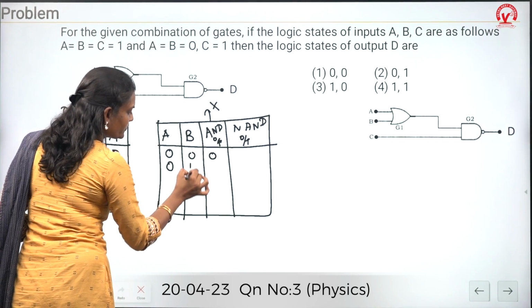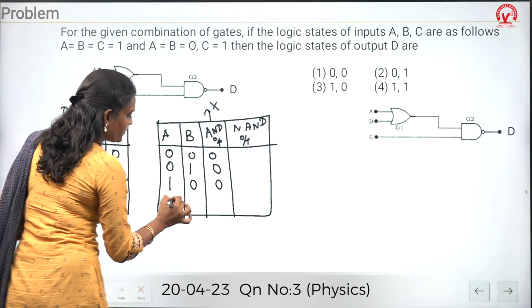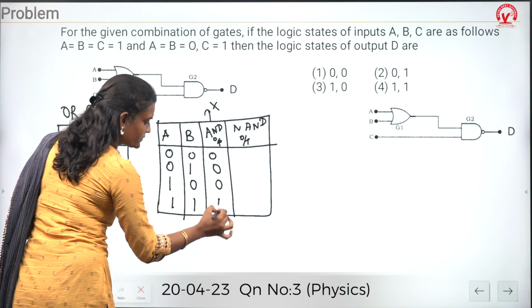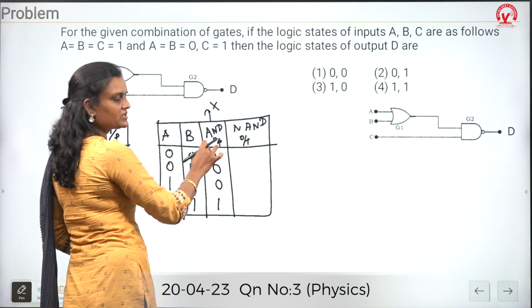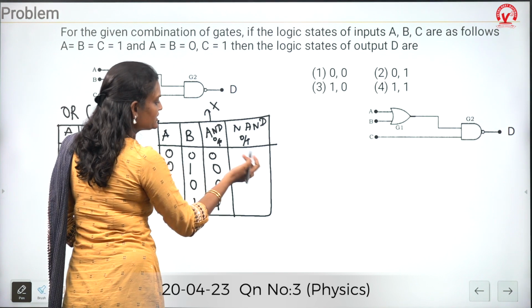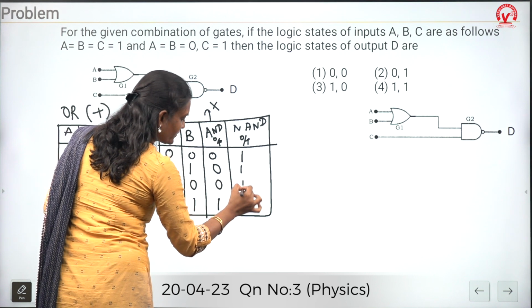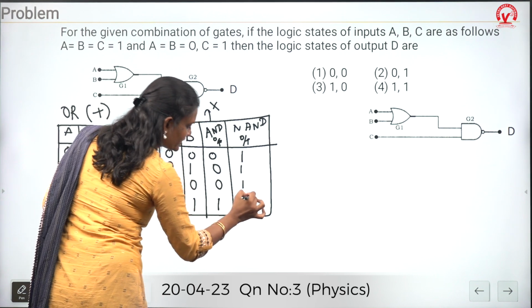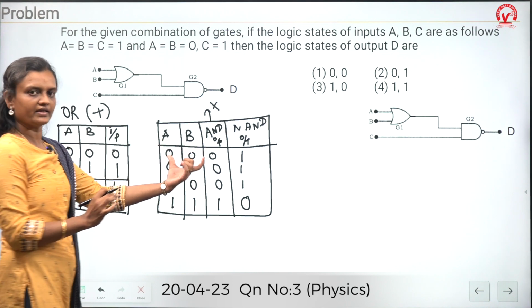Then 0 into 1 is 0 only. 1 into 0 is 0. 1 multiplied by 1 is 1. And the NAND gate is the opposite of AND. That is, where it is 0 we put 1, so 0, 1 gives 1, and 1 gives 0 here. So this is the truth table of the OR gate as well as the NAND gate.